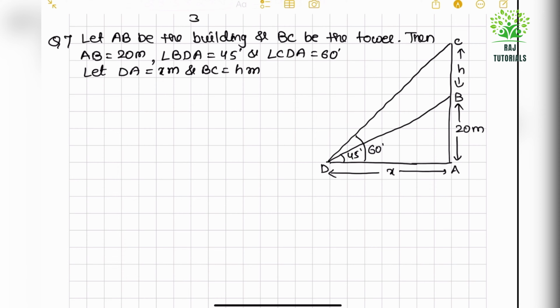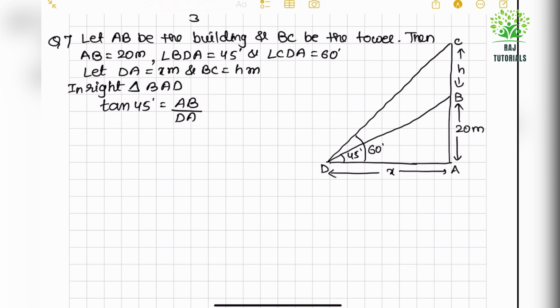Now let us suppose DA equal to x meter, that is the distance between the observer and the building be x meter, and BC the height of the tower be h meter.